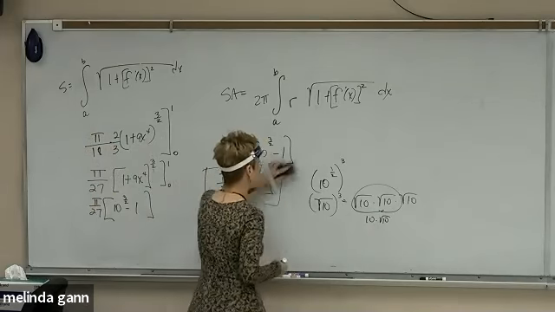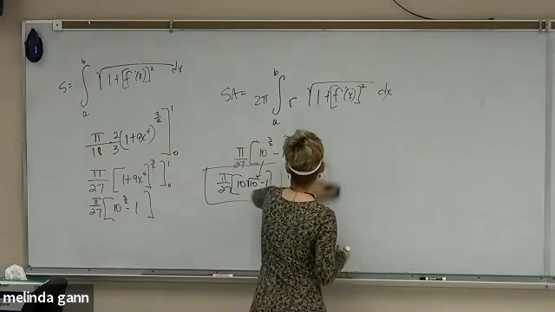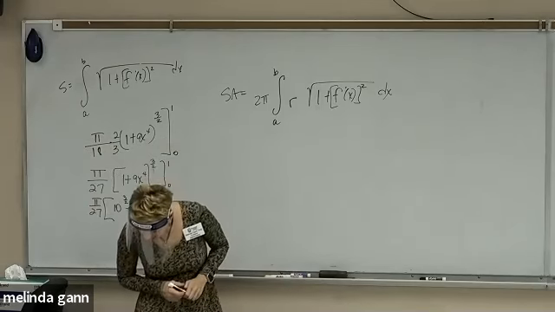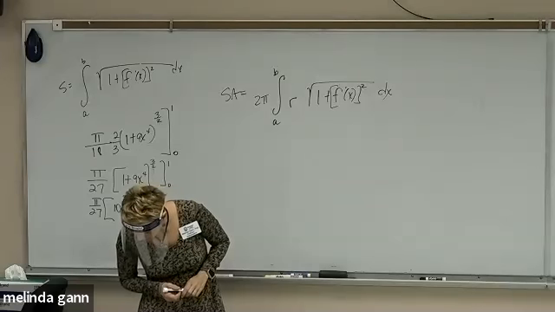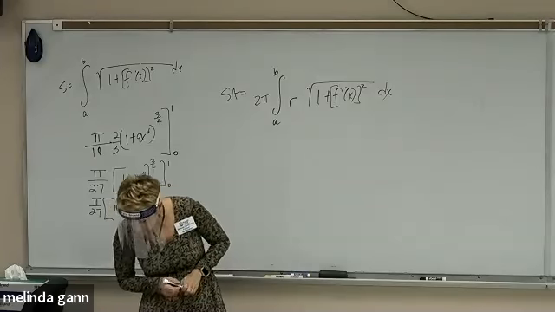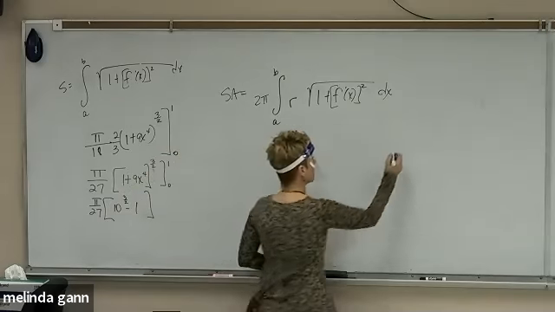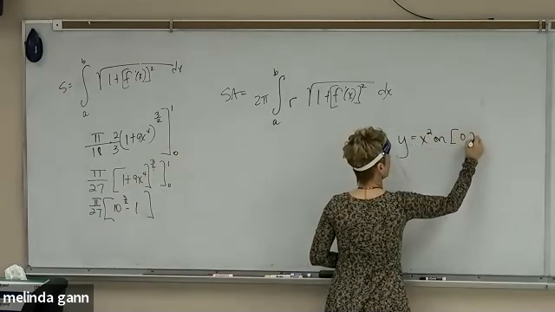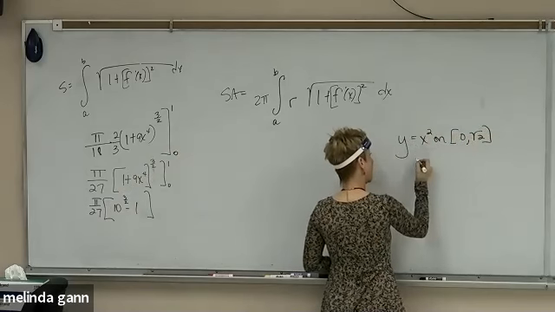All right, look at this other example real quick. I'm gonna leave that formula right now. On example 7, they're gonna rotate y equals x squared on the interval from 0 to the square root of 2. This time they're gonna go around the y-axis.